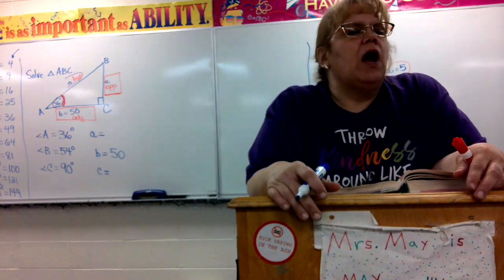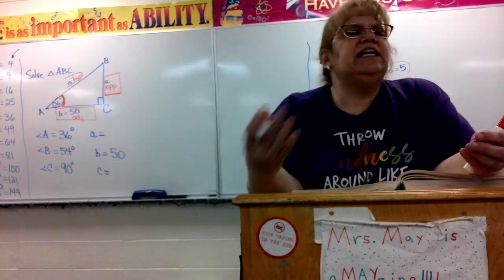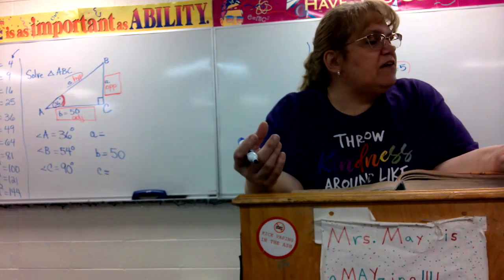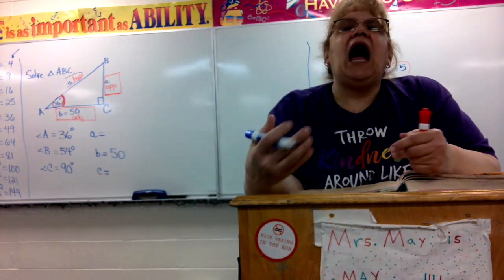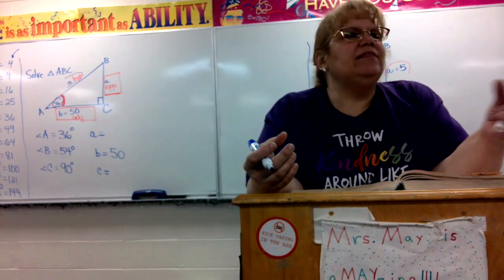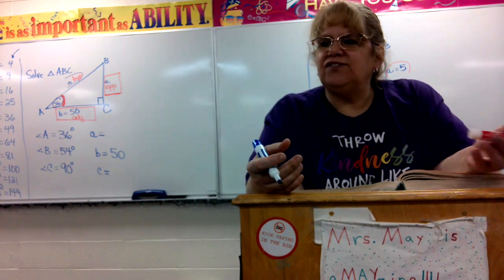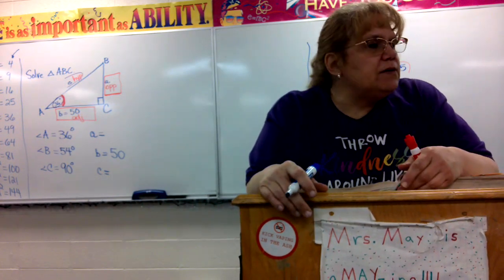The given, right? So if it's a choice between using given information and using stuff that you calculated, I would choose the given information. If you make one little mistake and then you use that to find all the rest, everything's going to be wrong.